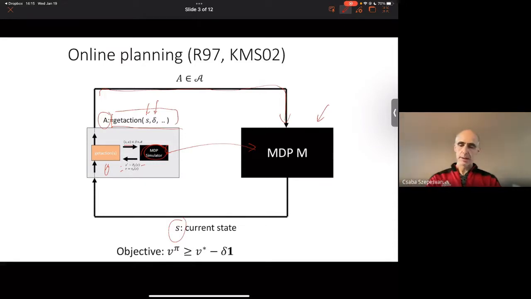It's maybe not a memoryless policy, but it's still a policy. The value of this policy is at most delta away, no matter how you start it, from the optimal value. So that's the objective. And so a planner is really just the algorithm in getAction that makes this happen.